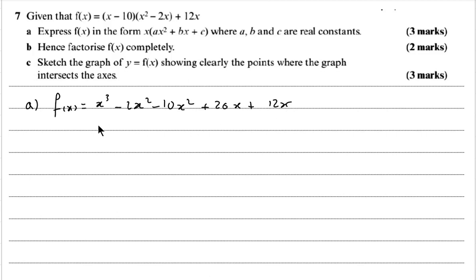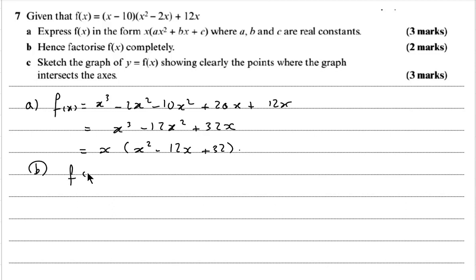In this case, we can collect like terms: x^3 minus 12x squared plus 32x. x is a common factor, and then we have inside this bracket x squared minus 12x plus 32, as the question said. B, factorize.